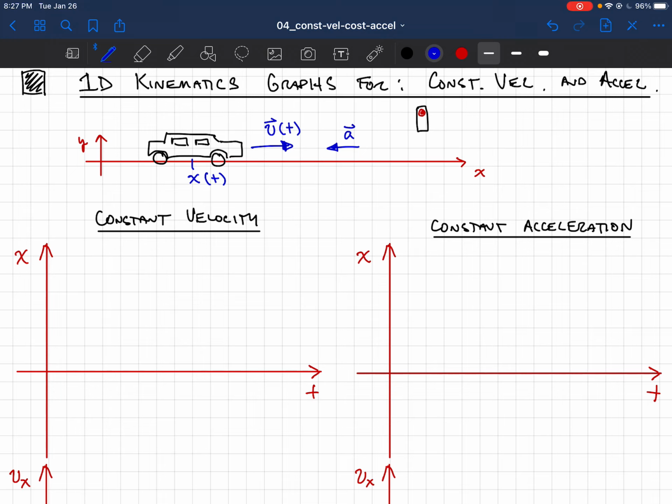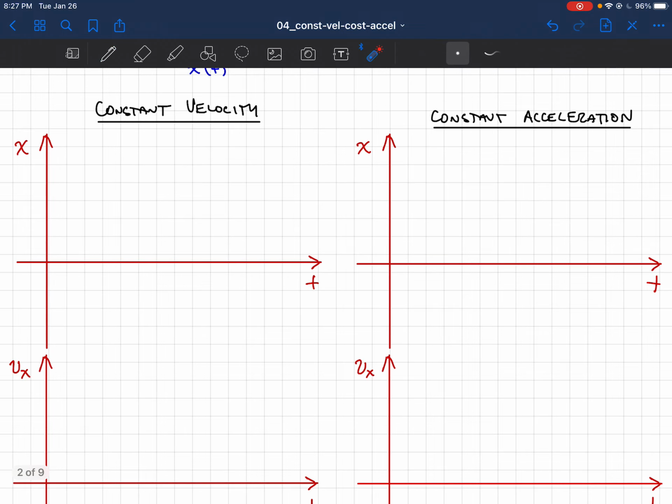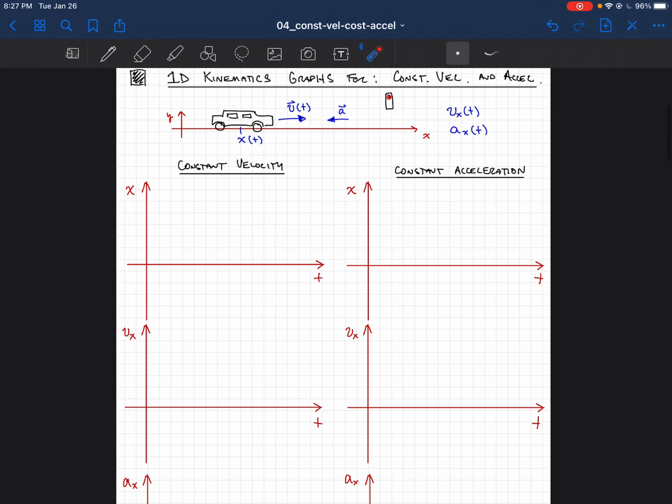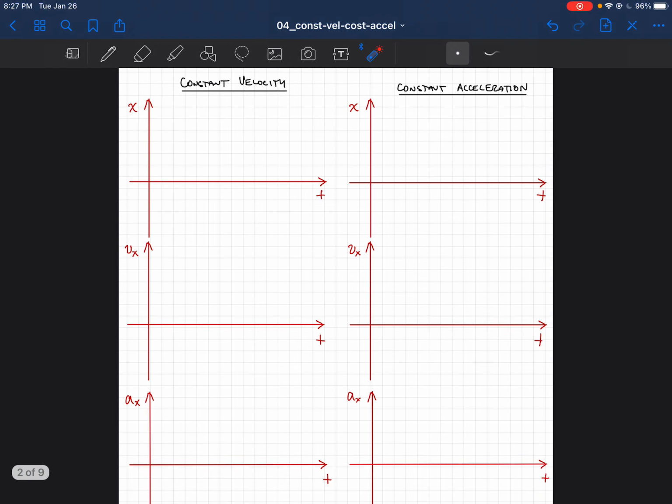What we'll do is consider the x position, the v sub x component of the velocity, so we'll look at v sub x as a function of time, and a sub x as a function of time. So let's take each case separately. Constant velocity: we'll take literally the phrase we're given, plug it into these 3 graphs, and then see if we can come up with the other 2 graphs, knowing what the connection is between them.